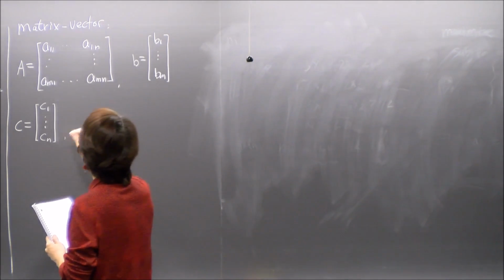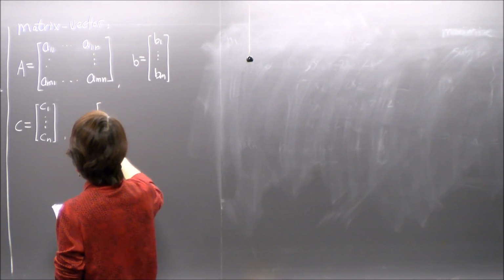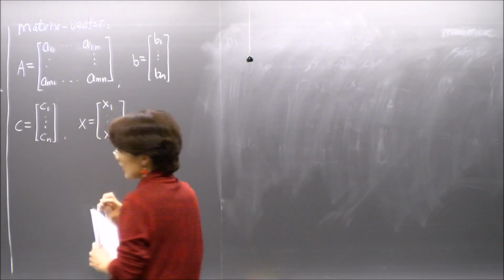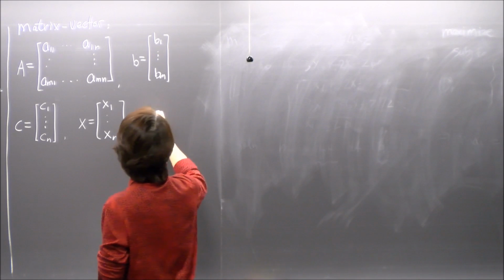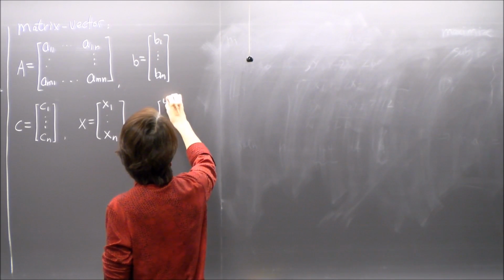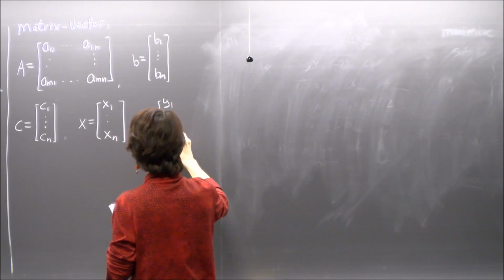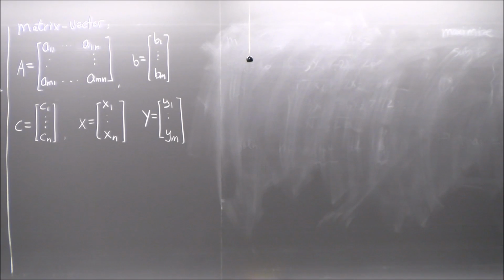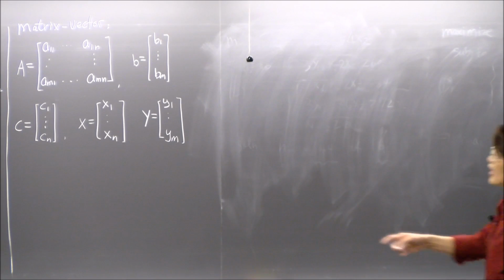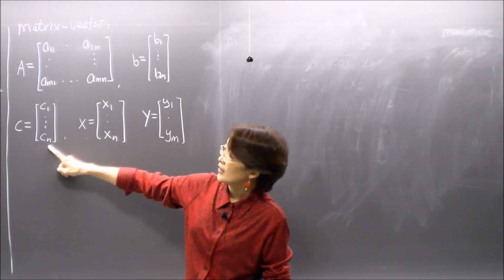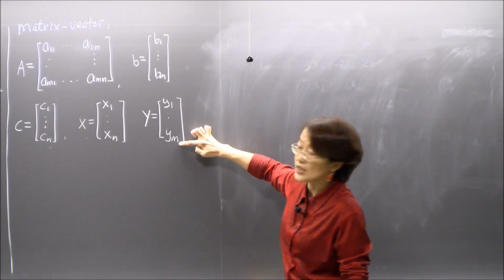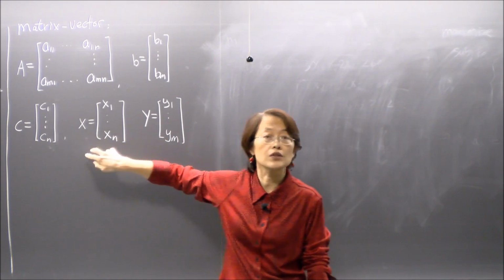And then my vector of unknowns is x, x1 all the way to xn. And the unknown for the dual, I call it y, forming the vector y1 to ym. These vectors are of different lengths. So c and x have the same length, n. And b and y have the same length, which is m, but different from the length of the other two.